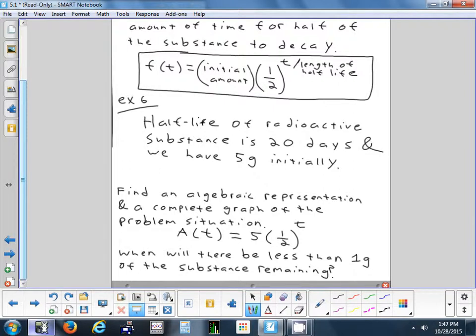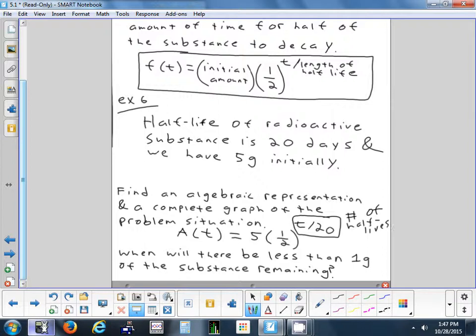Or would t be 20? Or is it just wrong? I think it's wrong, I guess. DJ? That would be t divided by 20. Basically, this entire exponent represents the number of half-lives you've gone through.